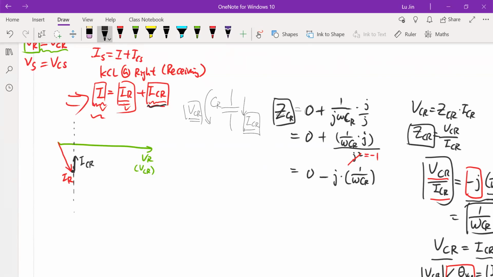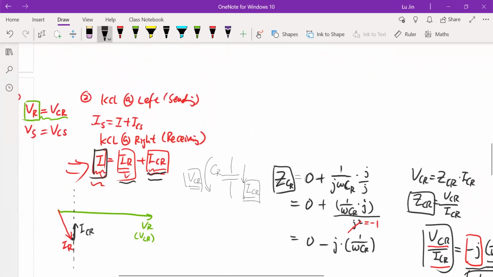Of course, again, we don't know its magnitude because we don't have any numerical values; we just assume it looks like this. Now I_CR is known, I_R is known.